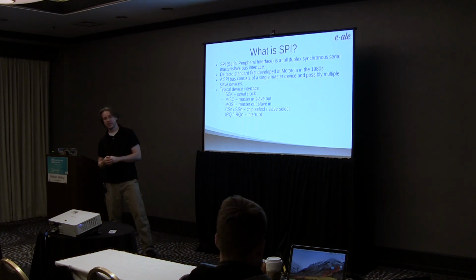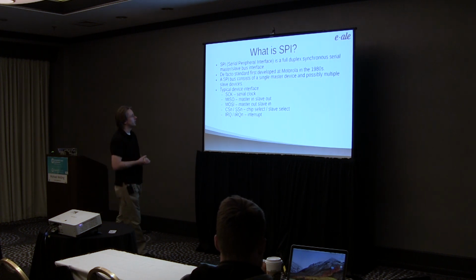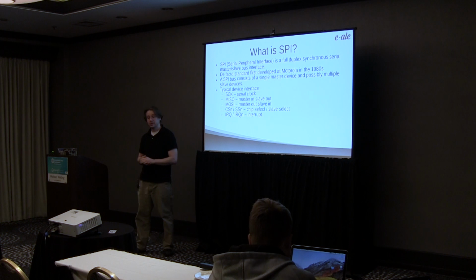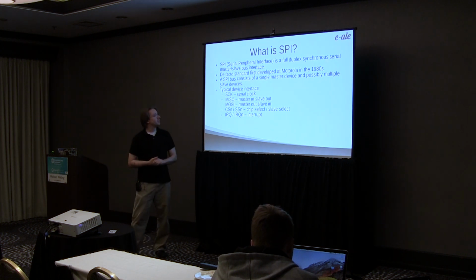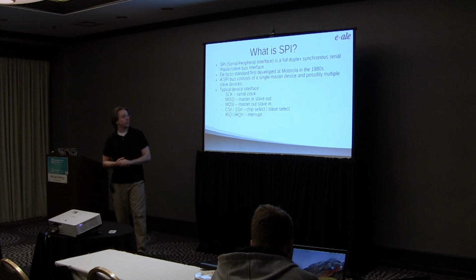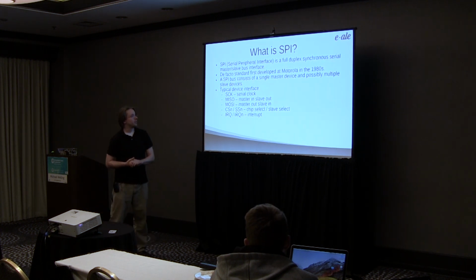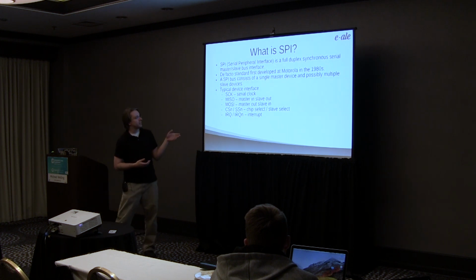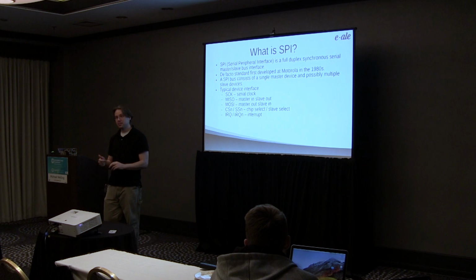So let's go through the pins on the protocol or on the hardware. First, you have the serial clock, which is just a synchronous clock. You have MISO, which is master in, slave out. So that'll send data out from the slave into the master. Then you have master out, slave in. Chip select is how you address the chips on the bus.